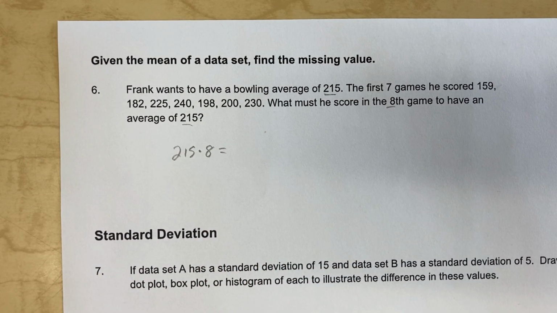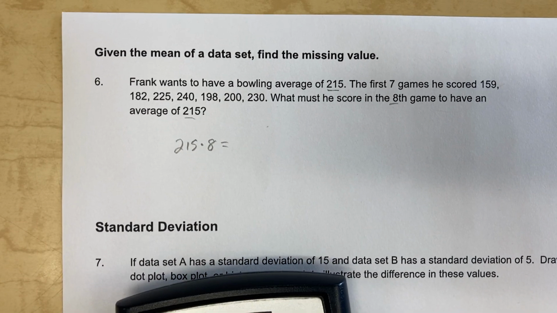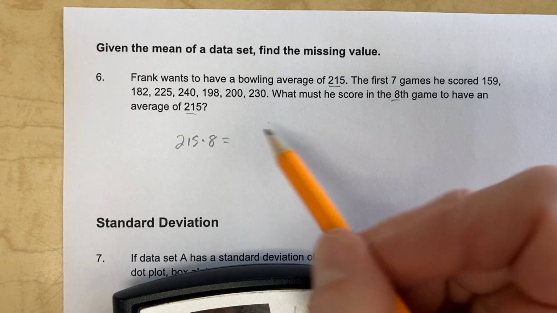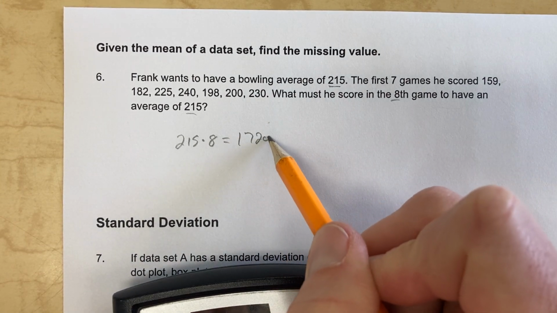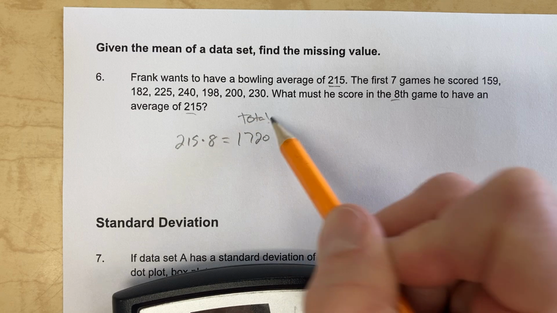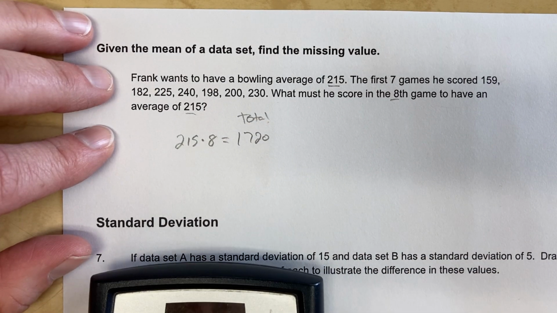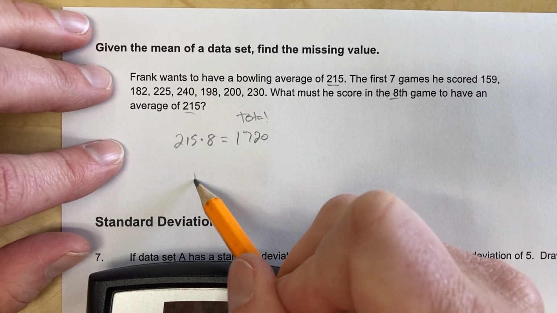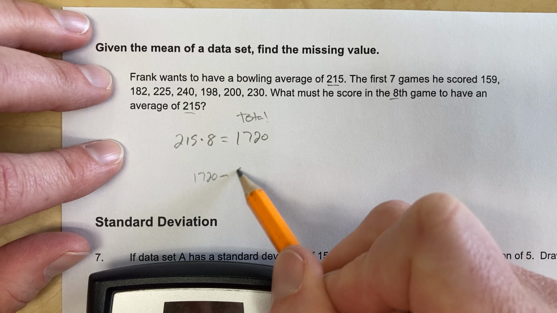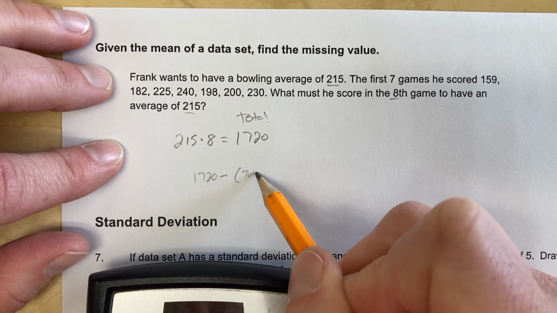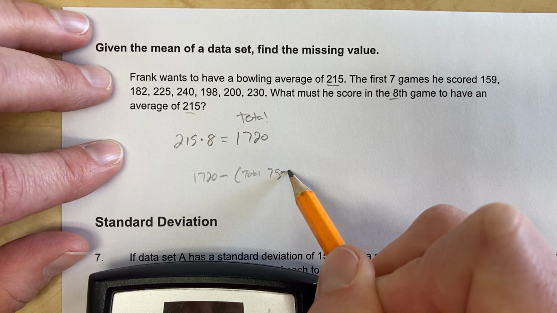All right, and that means 215 times 8, he needs to have a total score of 1720. That's the total. So what we're gonna do then is take 1720 minus the total of the 7 games that he's done, all right?